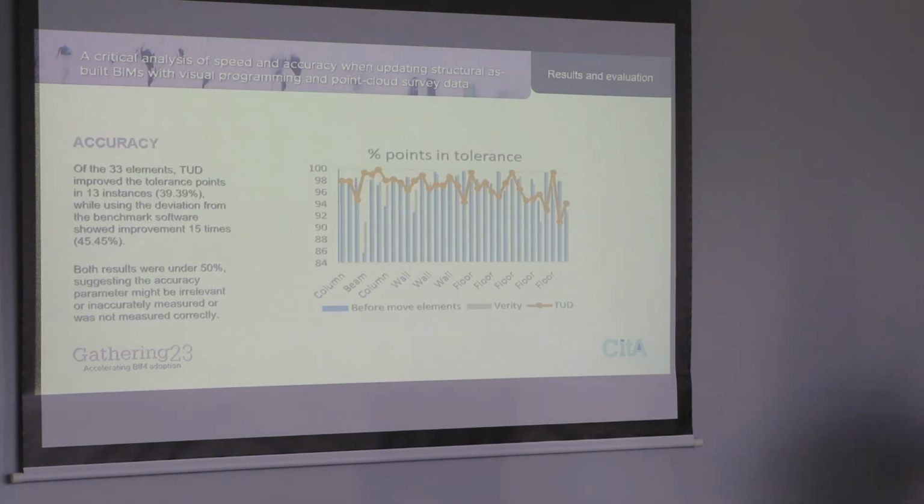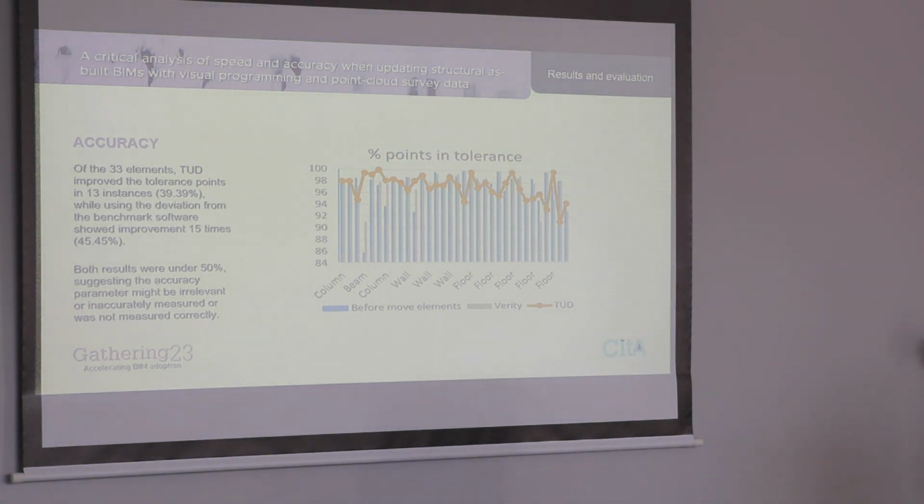So that's the accuracy, and how I measured this accuracy. Remember I said all the points, so I measure all the points relative to, for example, this wall. So I measured before and said how many of them are in tolerance. And after I move, I measure them again and can say how many of them are in tolerance.